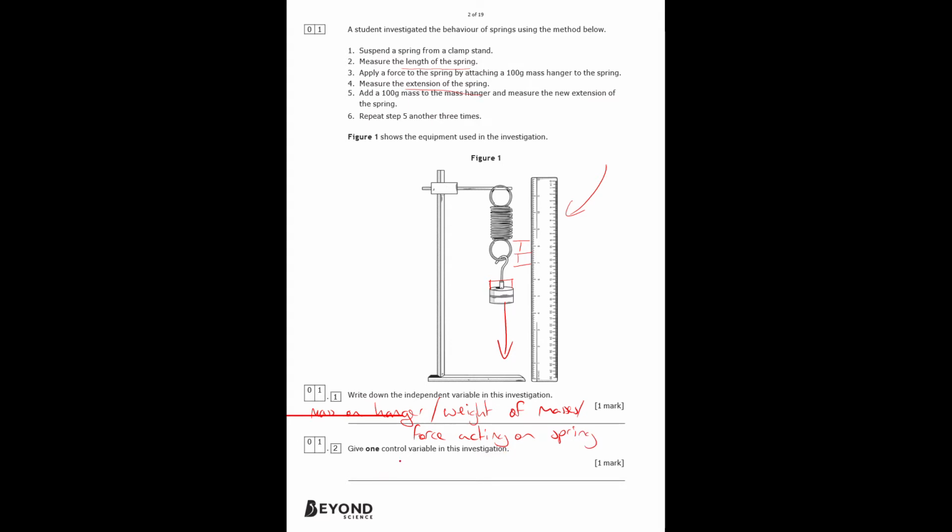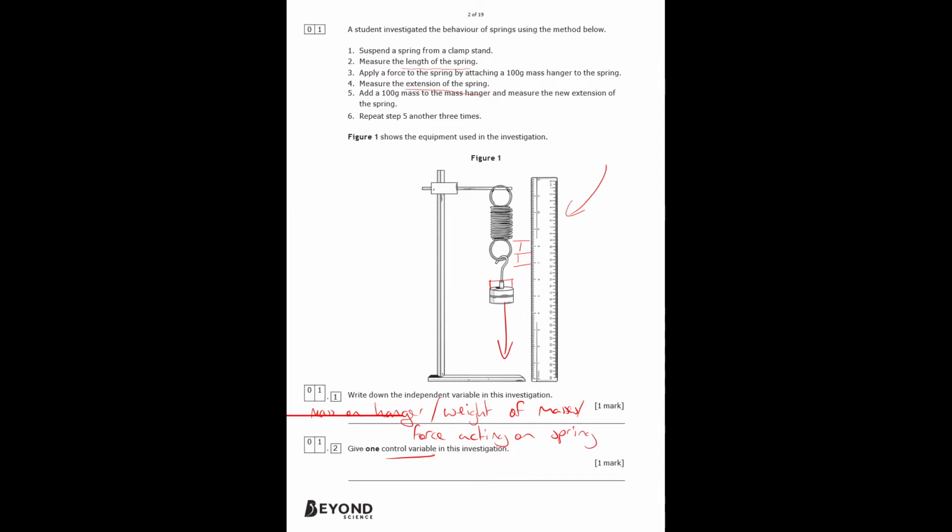1.2 wants us to give one control variable in this investigation. Now, control variables are all other variables in this experiment apart from the one we change and the one we measure. Remember, in a scientific experiment, what we want to do is see how one thing is affected by changing one other thing.